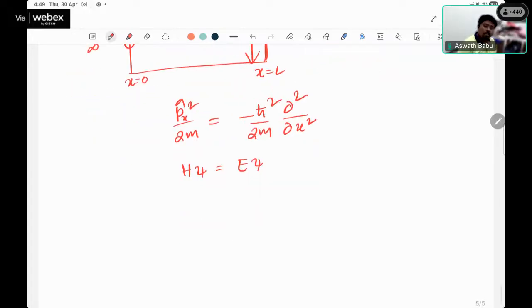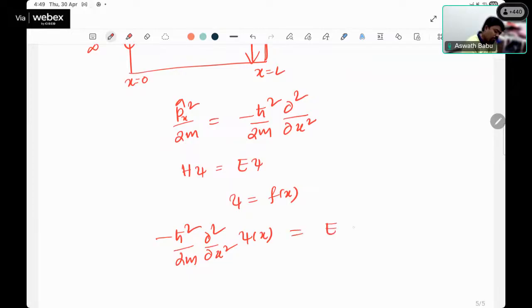Let's write the quantum state as some function of x, the wave function: minus h bar squared by 2m del squared by del x squared psi of x is equal to E psi of x.